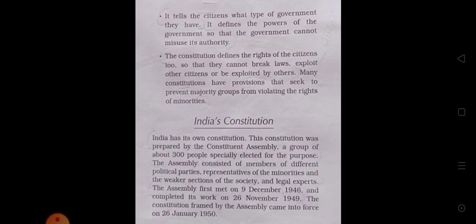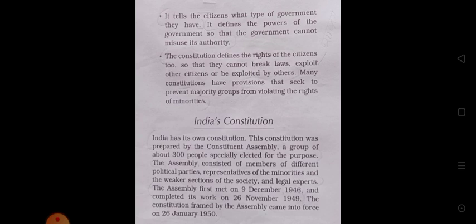We can see what type of constitution we have, what its main features are, and what the vision and values of the constitution are.